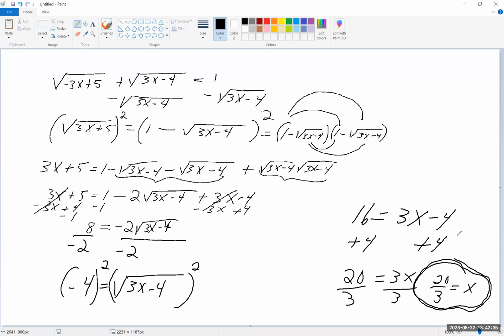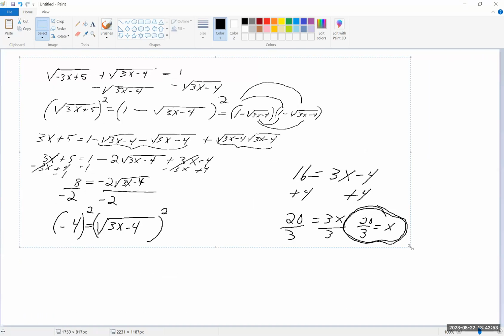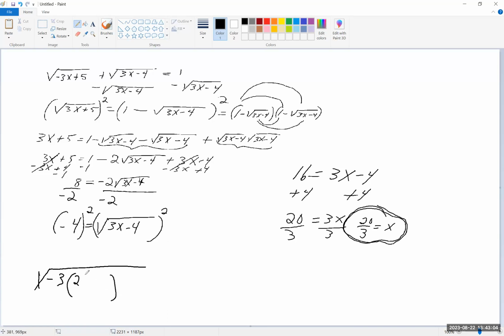And my job would now be to check my work, which I'm going to try to do here with the time that's left. I'm going to write down the original problem, replacing the X with 20 over 3.